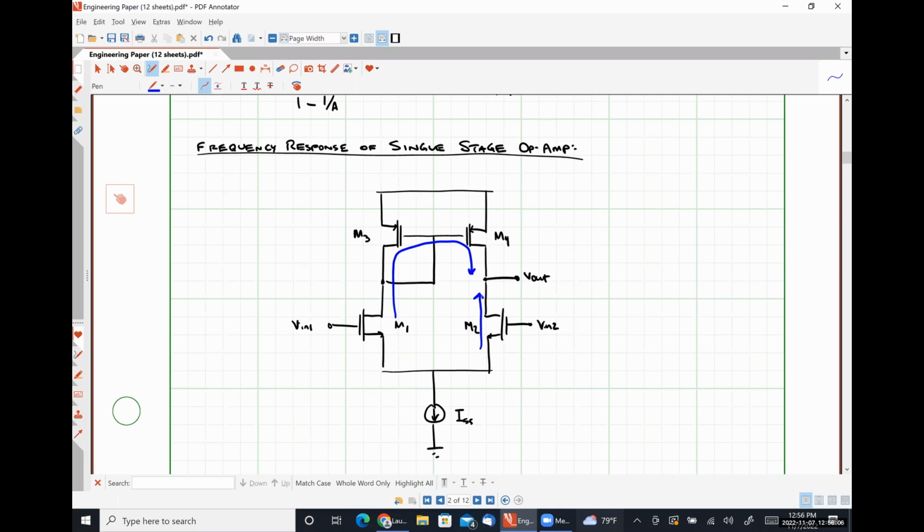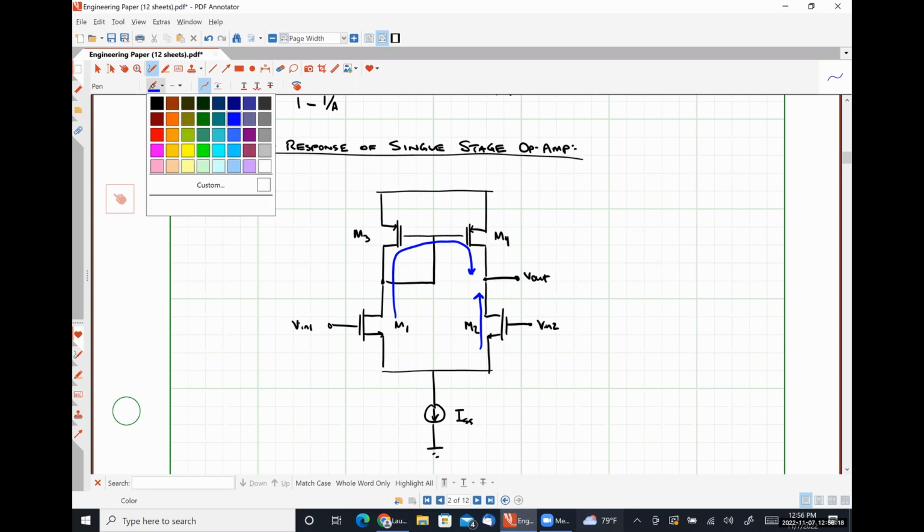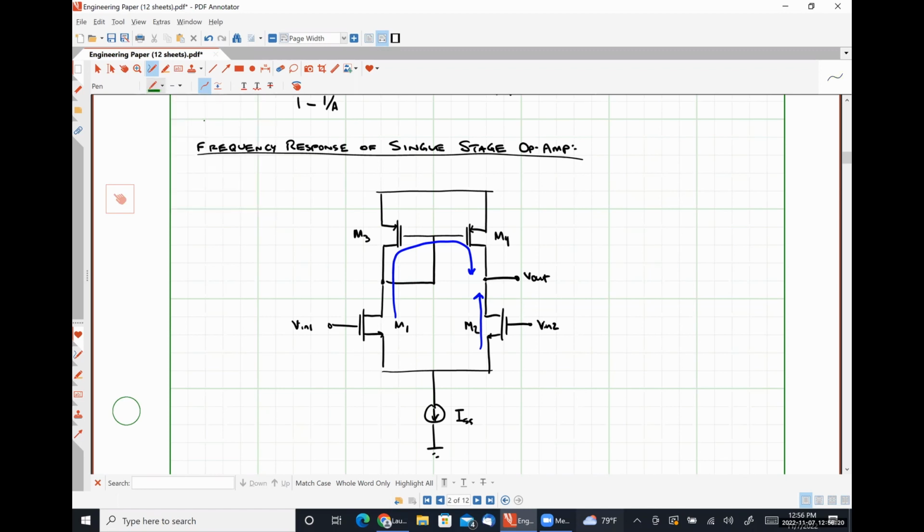So to make our life mildly less miserable, we are going to approach this by effectively splitting things up to some extent, okay? So I'm going to call this node X, and I'm going to call our output node Y, and we are going to associate resistances and capacitances with each of those nodes in order to facilitate figuring out what our transfer function is.